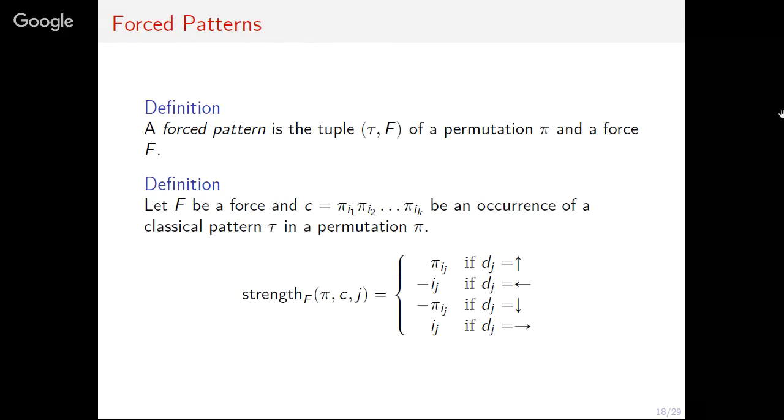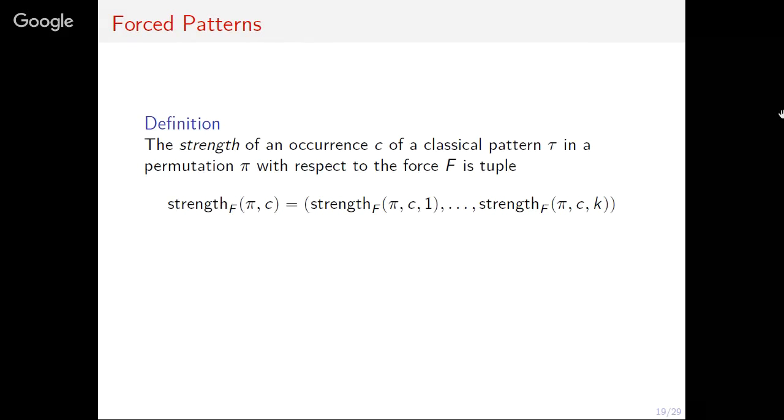This is happening for some specific occurrence C. So we're looking at each of the points of the occurrence and saying, if it is being forced upwards, then we evaluate it as the value of the point. The one that is furthest up would of course have the maximum value, and so on for all the directions. Combining this for all the points in the permutation pattern, we can evaluate each of the occurrences of the pattern.